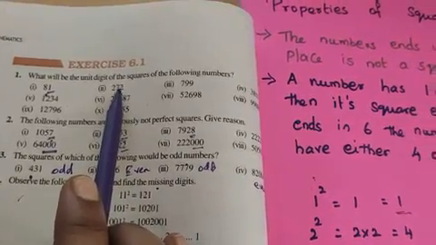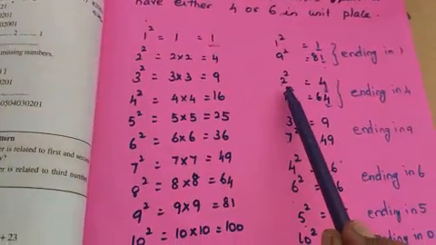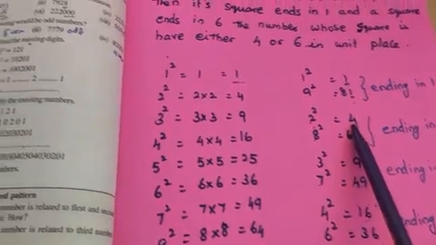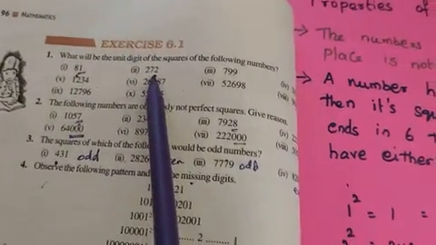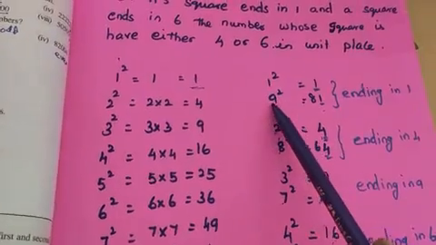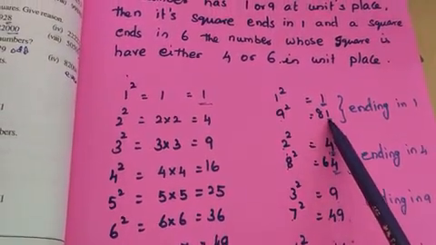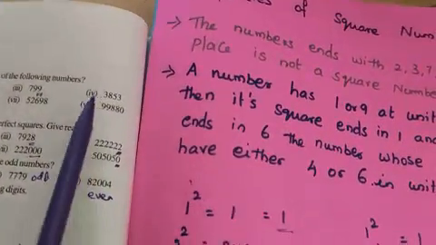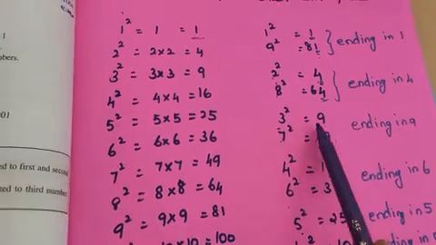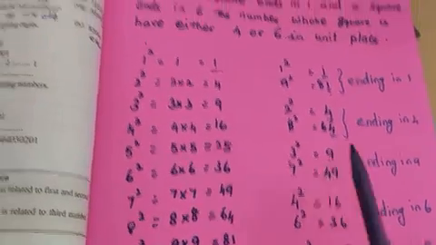So the square will end with 4. Now you see unit place 9. Unit place 9 means the square of that number ends with 1. And if unit place is 3, the square will end with 9.